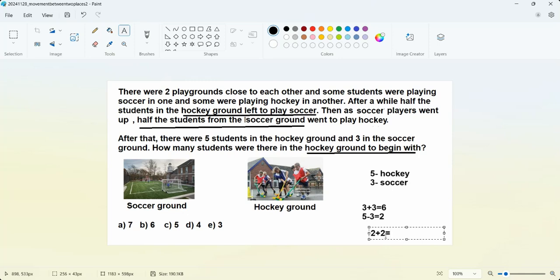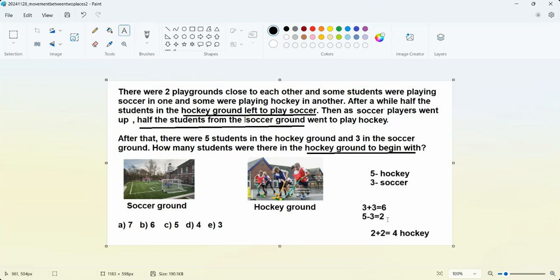Two plus two is four. So four were there in the hockey, and that's why when half leave, two will be left. That's our answer.